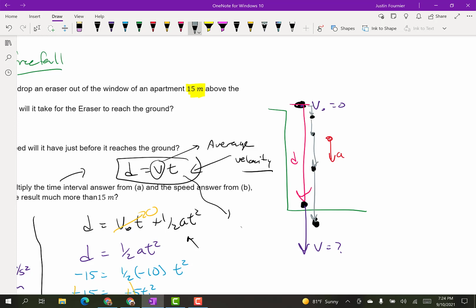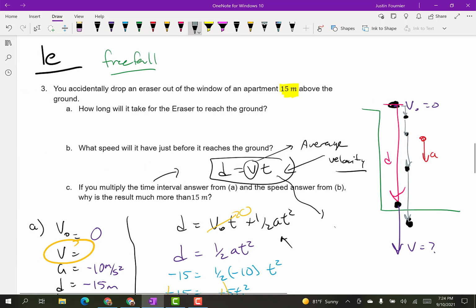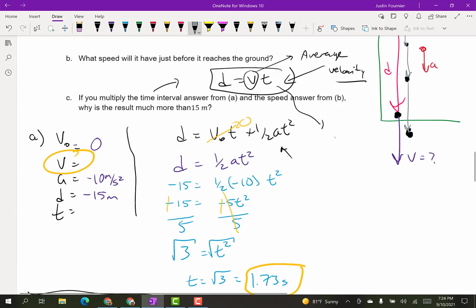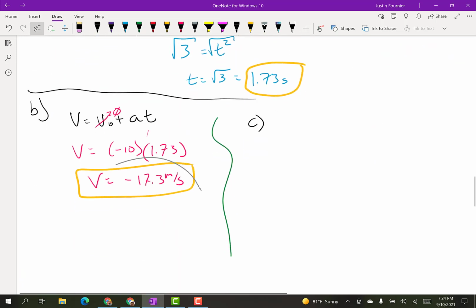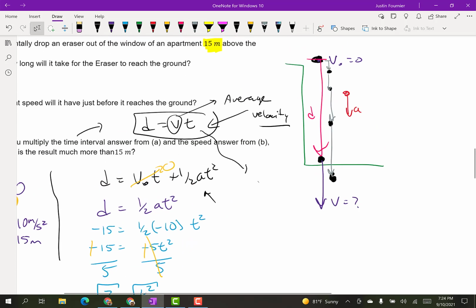So this final velocity times the time is not the same. The average velocity is not the same thing as these instantaneous velocities.